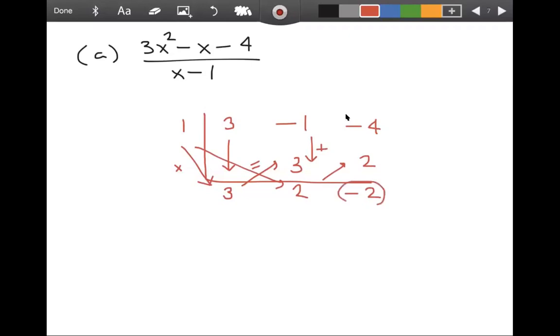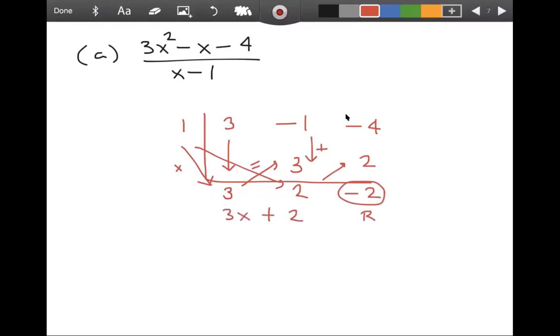This -2 is the remainder. And then the 3 and the 2 represent the coefficients of the quotient. The 2 represents the constant term 2, and the 3 represents the degree 1 term 3x.